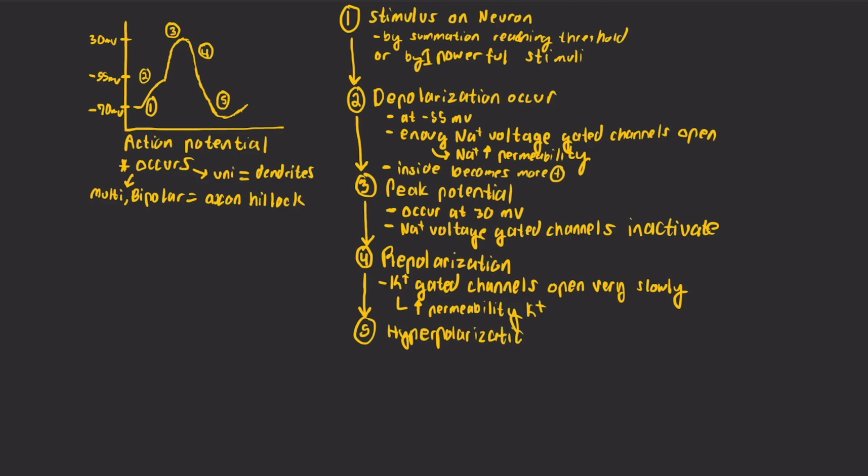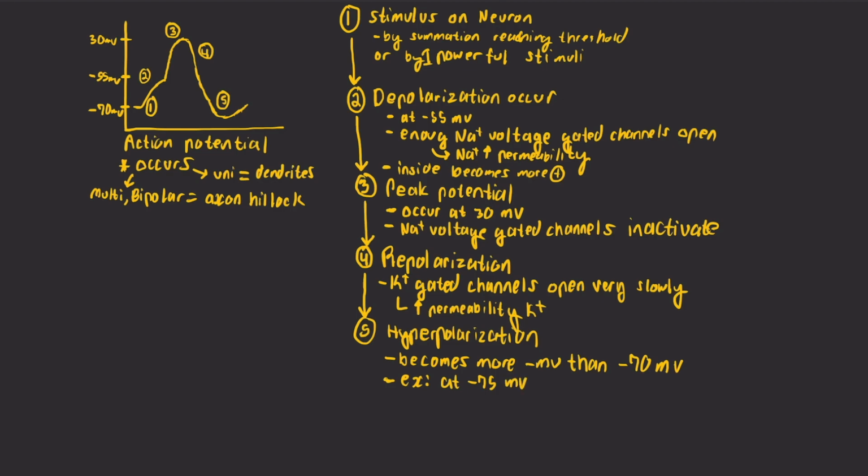So hyperpolarization takes place. The membrane potential of the neuron becomes more negative than the resting membrane potential of negative 70 millivolts. So let's say this will be at negative 75. The neuron has become more negative.